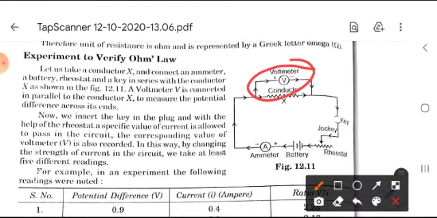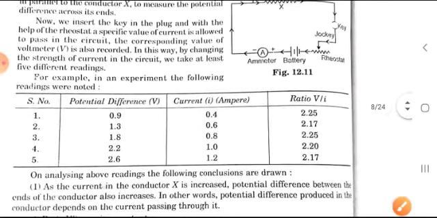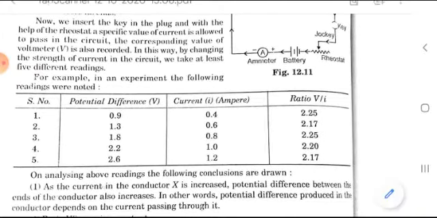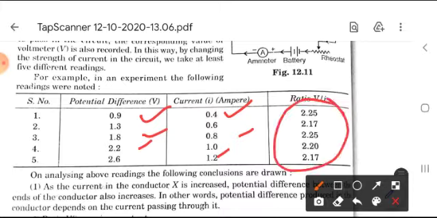After taking more than 4 readings, which are shown in the picture, with different values of V and I, we get a common ratio of approximately more than 2, around near about the same value.